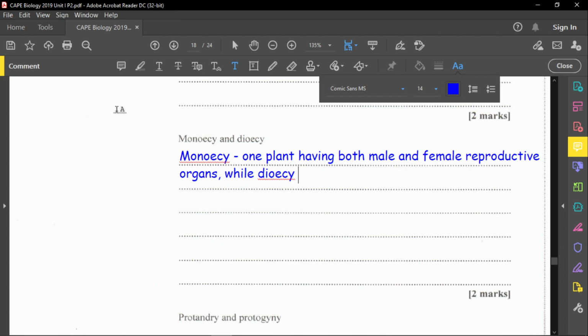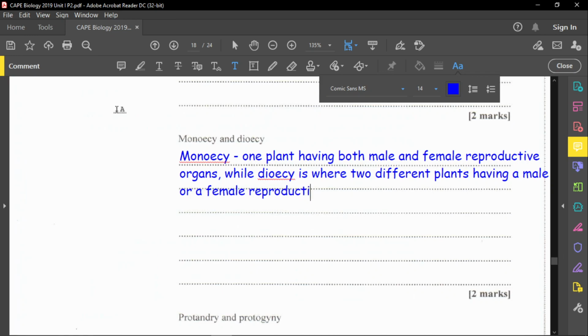So let's say it as that. While dioecy is when two different plants have separate, so two different or two separate plants, having a male or a female reproductive organ.